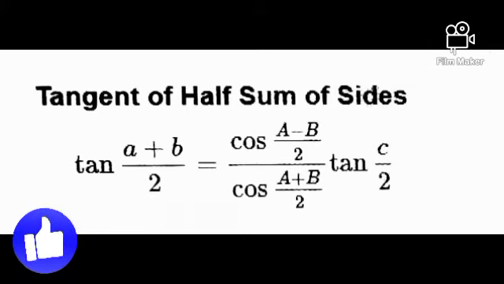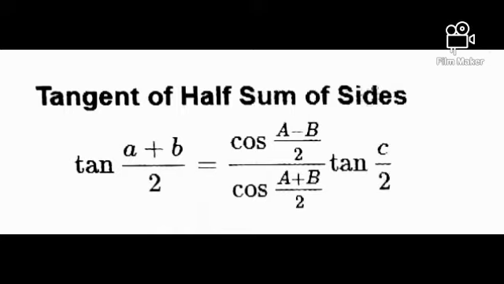That is, the tangent of half the sum of the sides a and c is equal to the ratio of the cosine of half the difference of the two angles opposite sides small a and small c, (A minus C) over 2, over cosine of half the sum of the two angles opposite the sides small a and small c, (A plus C) over 2, multiplied by the tangent of the third side.